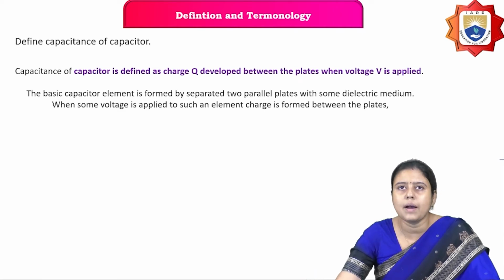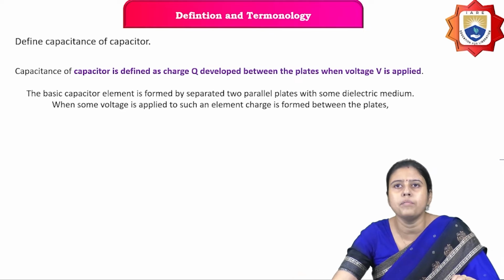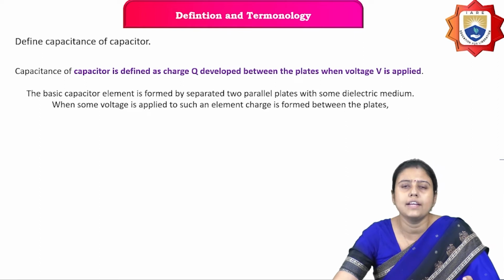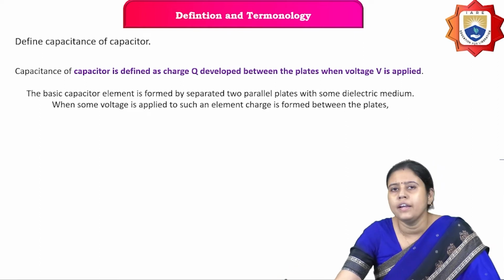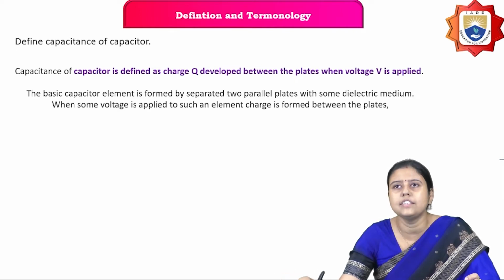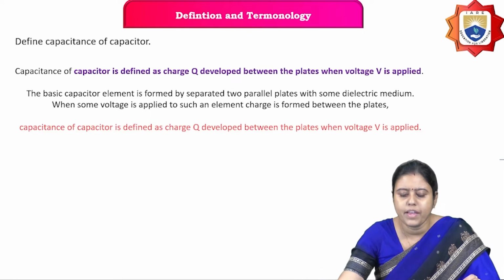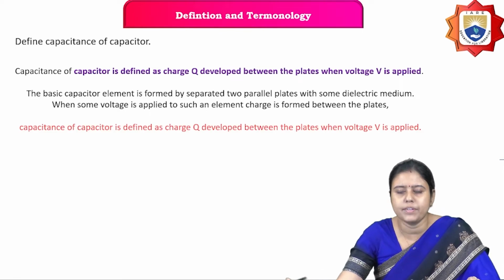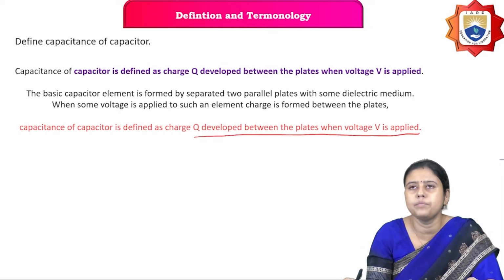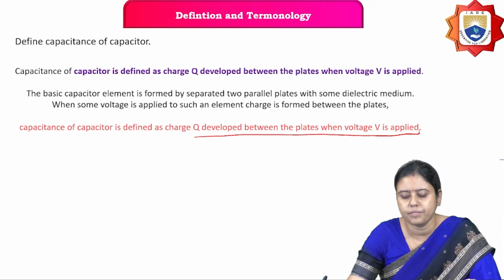The basic capacitance element is formed by two separated parallel plates with some dielectric medium. It may be air, porcelain, wood, anything, but there is some medium. When some voltage is applied to such an element, charge is formed between the plates. Capacitance of the capacitor, as I told, is the charge Q developed between the plates when V is applied.